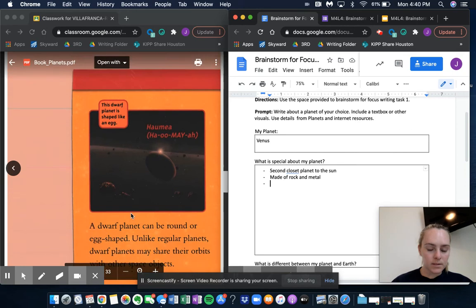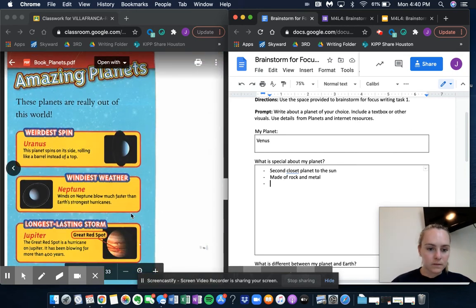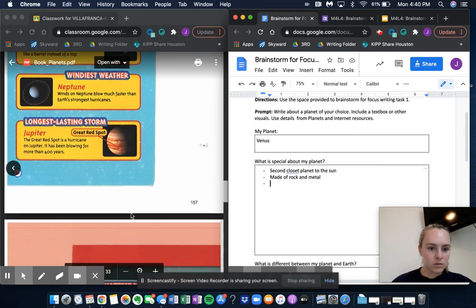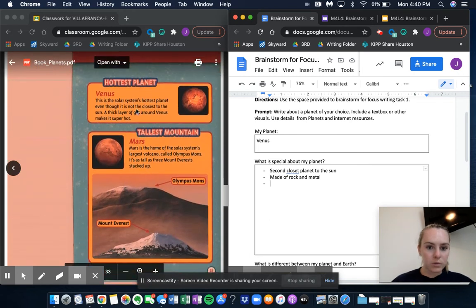No, not talking about Venus. Let's see. Oh, here we go. The hottest planet. That's interesting. This is the solar system's hottest planet, even though it is not closest to the sun. A thick layer of gas around Venus makes it super hot.